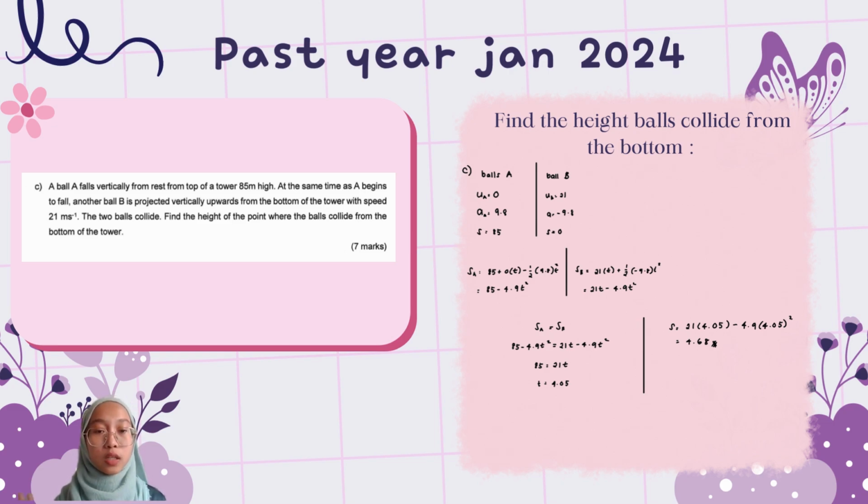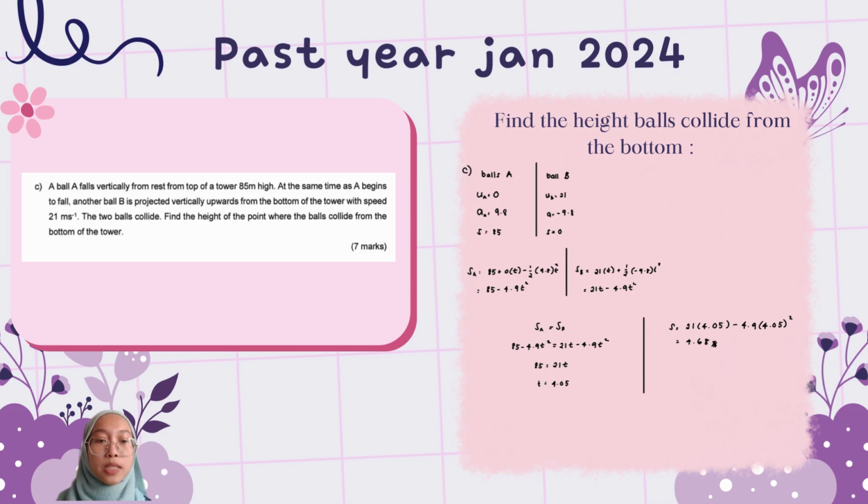Okay, so I will write all of the information I have first for ball A and for ball B. The initial velocity of ball A is 0, while the initial velocity for ball B is 21. For acceleration, ball A 9.8, while ball B negative 9.8. And for the distance, for ball A is 85, for ball B is 0.